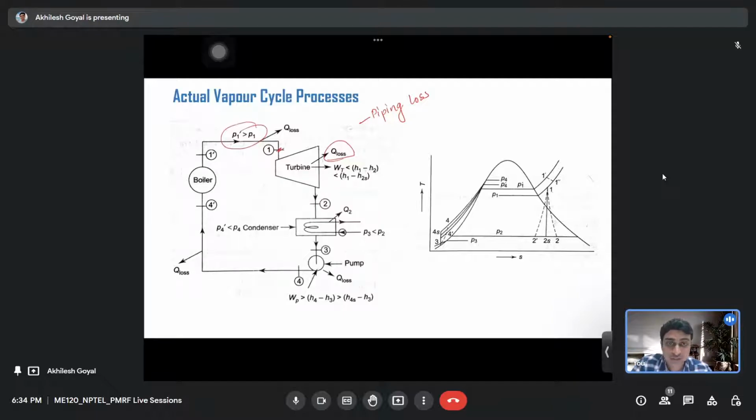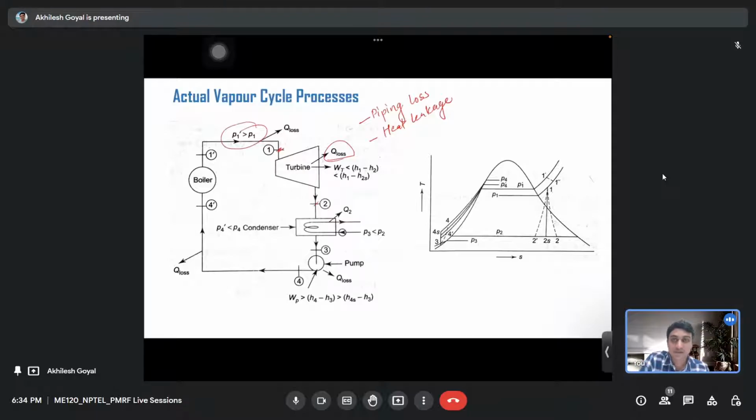So this loss is the heat leakage. Similarly, in the condenser, apart from heat loss from the water, there is also a pressure drop because of piping losses due to friction.